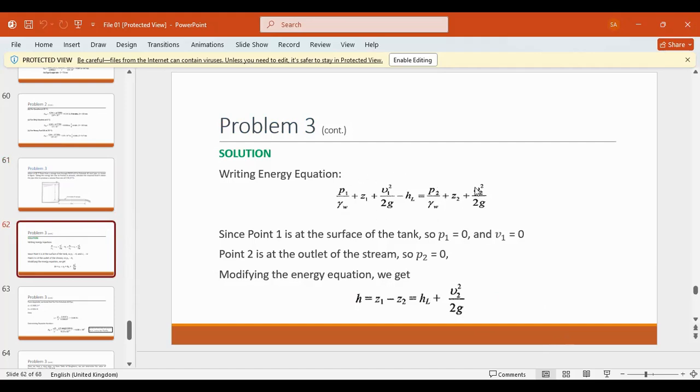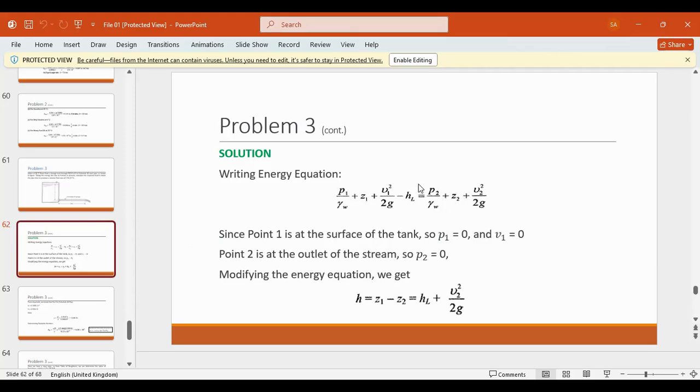Now let's modify the equation according to these values. Let's see what we have got. We have the head loss on the left-hand side of the equation, and all other values, like the elevation Z1 minus Z2 and the velocity head, on the right side.